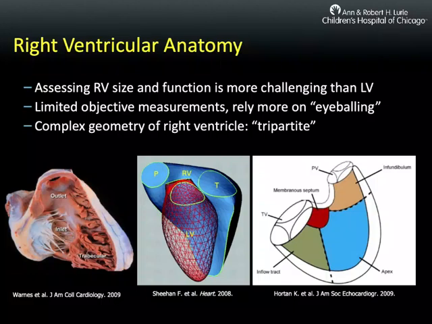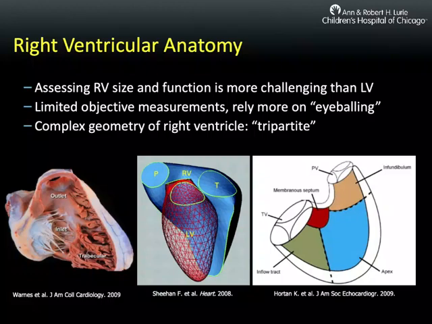As well, the right ventricle is almost in a crescent shape and hugs the left ventricle. I've said before, if you take your left hand and make a fist, and then take your right hand and cup that fist, you can get an idea of how the right ventricle is in relationship to the LV.